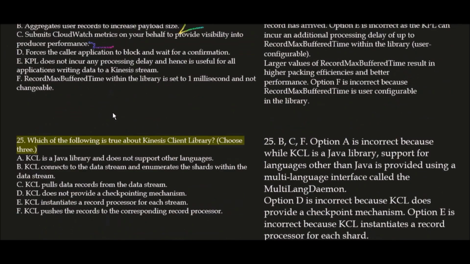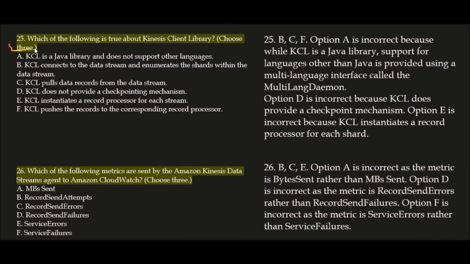Okay. Next question. Which of the following is true about KCL? KCL stands for Kinesis Client Library. Option A. KCL is a Java library and does not support other languages. Option B. KCL connects to the data stream and enumerates the shards within the data stream.